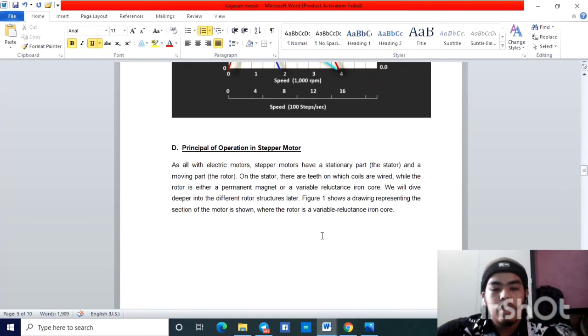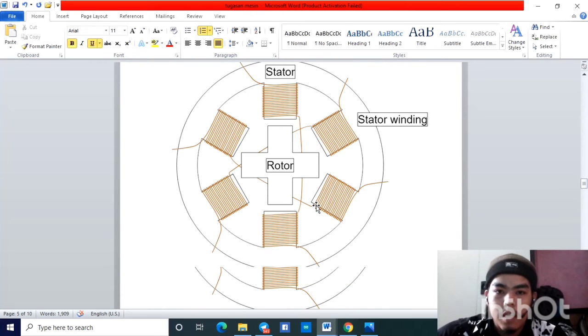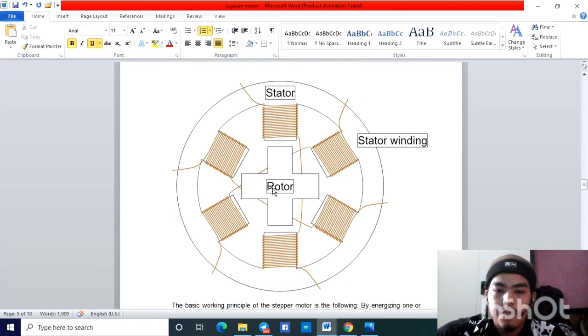Okay. Next, principle of operation in stepper motor. As with electric motors, stepper motors have a stationary part, the stator, and a moving part, the rotor. As in this picture, the stator and the rotor.